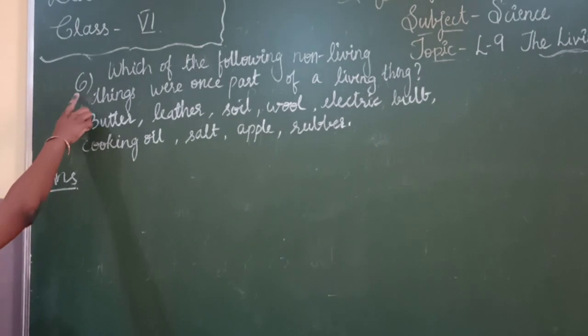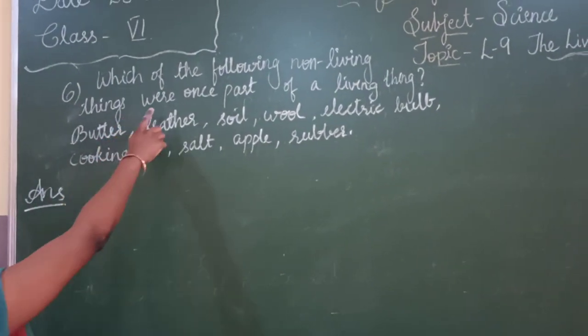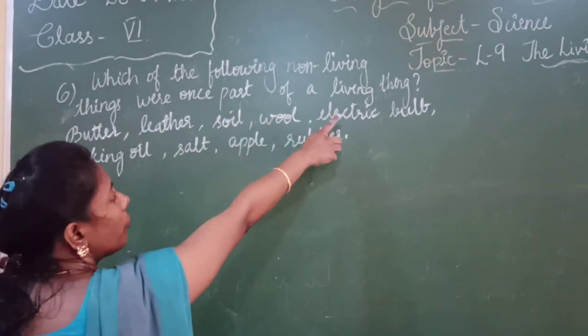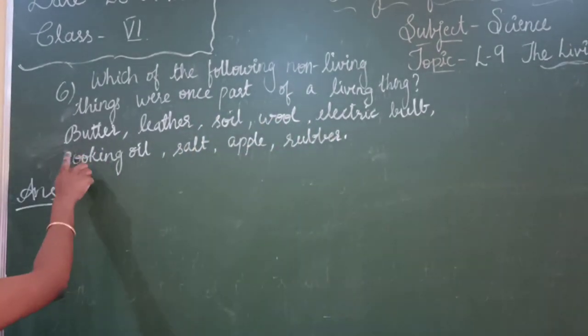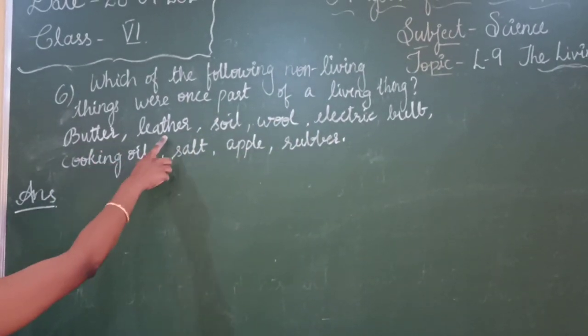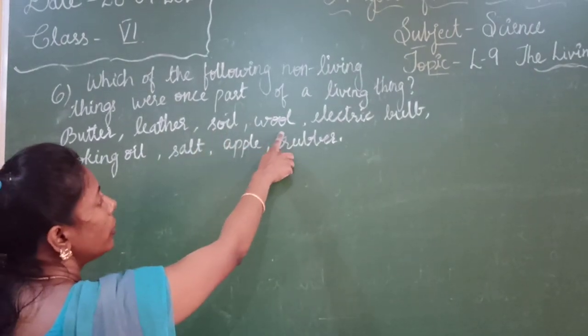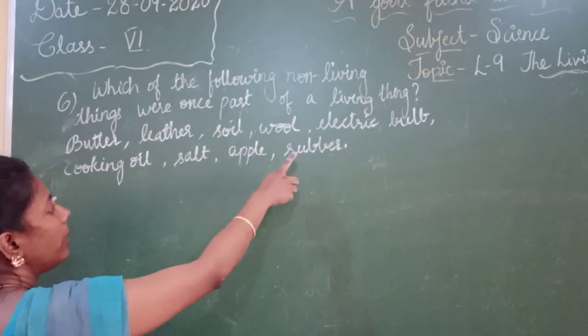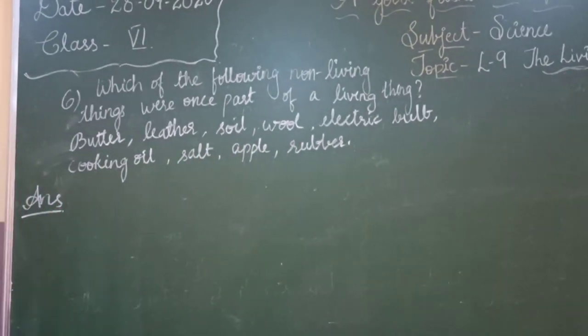Now write down the sixth question. Which of the following non-living things were once part of a living thing? The options are butter, leather, soil, wool, electric bulb, cooking oil, salt, apple and rubber. Write down the answer.